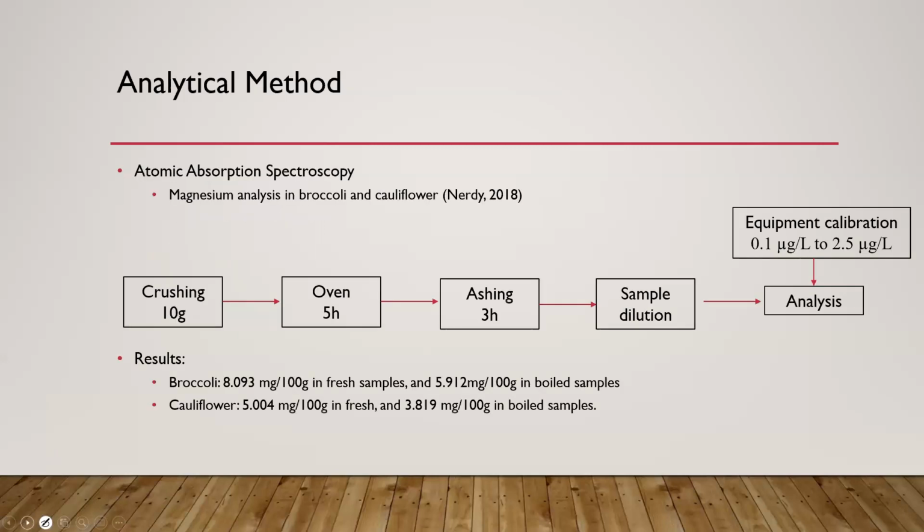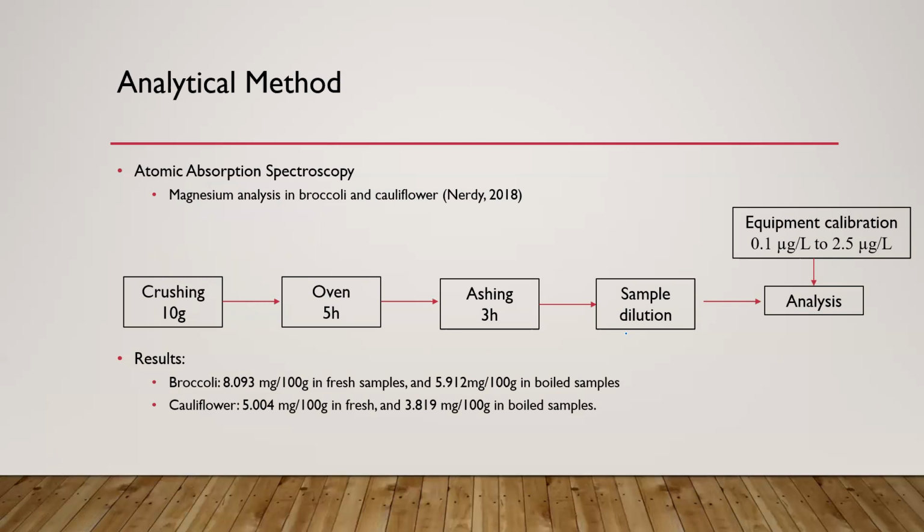And talking about analytical methods, we have here a paper from Nerd in 2018 on magnesium analysis in broccoli and cauliflower by atomic absorption spectroscopy.